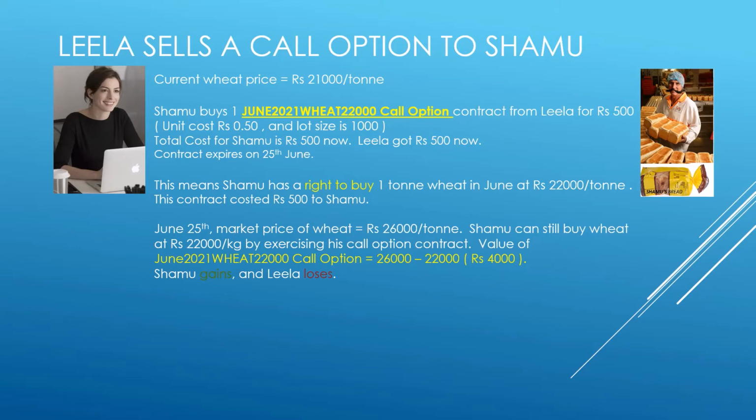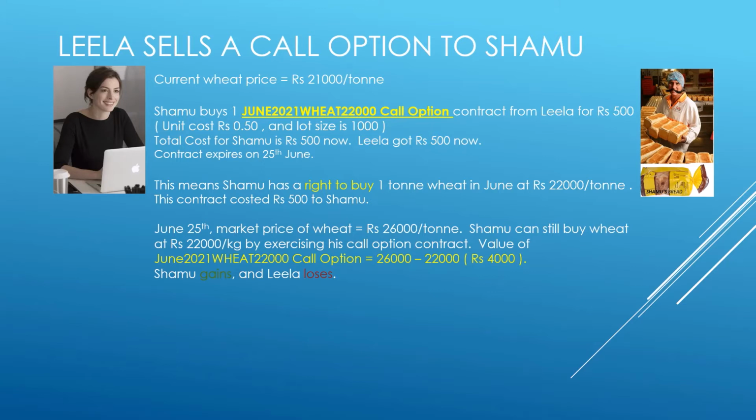Now the value of his June 2021 wheat 22,000 call option will be determined based on how much above the strike price the wheat is trading at that point of time. So the value of this call option would be 26,000, which is the current price, minus the strike price, which is 22,000. So the call option contract trades at rupees 4,000. Remember, Shamu paid only 500.